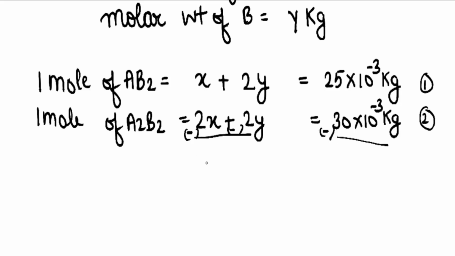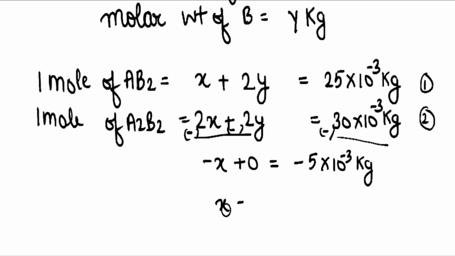So x minus 2x is minus x, and 2y minus 2y is 0, and this is equal to minus 5 into 10 to the power minus 3 kgs. So the value of x comes out to be 5 into 10 to the power minus 3 kgs. Now I would substitute this x in equation number 1.